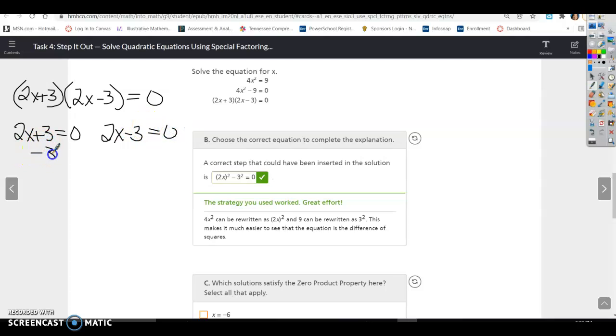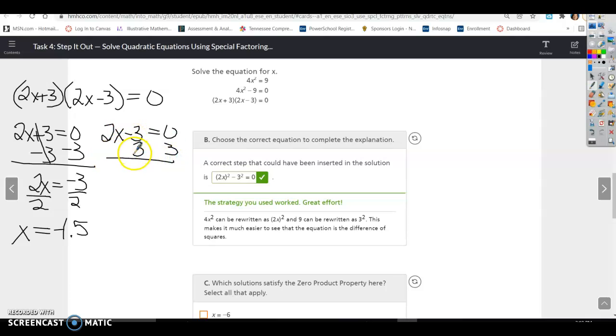So if I solve this one, I'm going to subtract 3 and divide by 2. So x equals negative 1.5. This one I'm going to add 3, because negative 3 plus 3 cancels. 2x equals 3. Divide by 2. 3 halves is the same as 1.5.